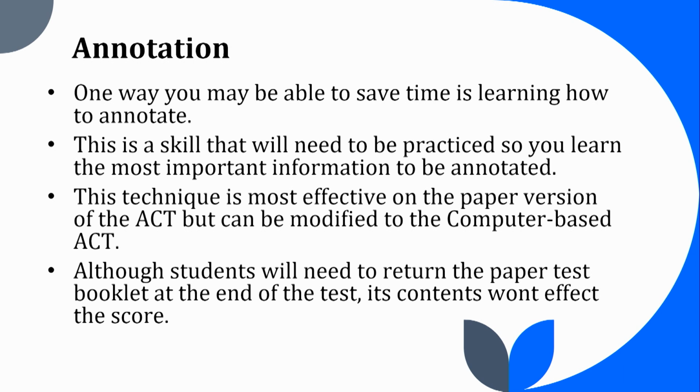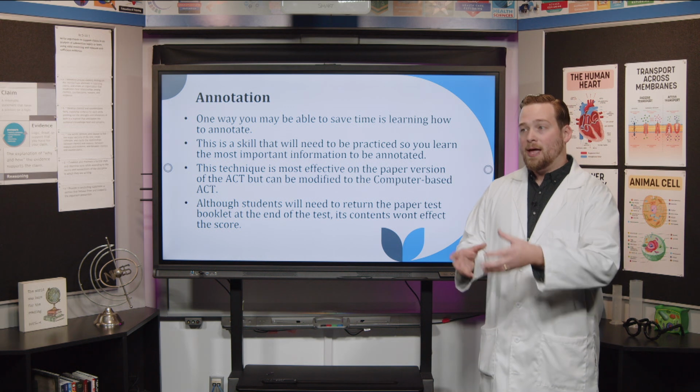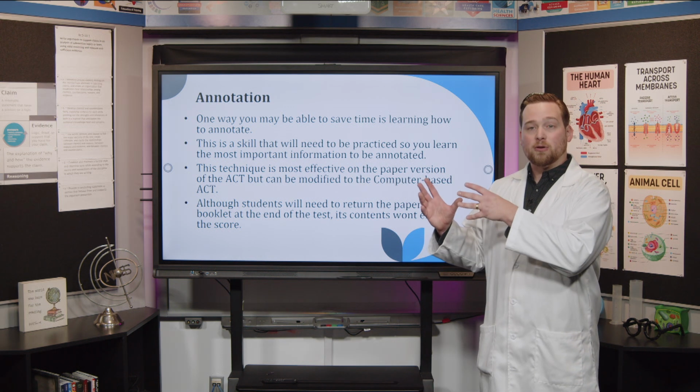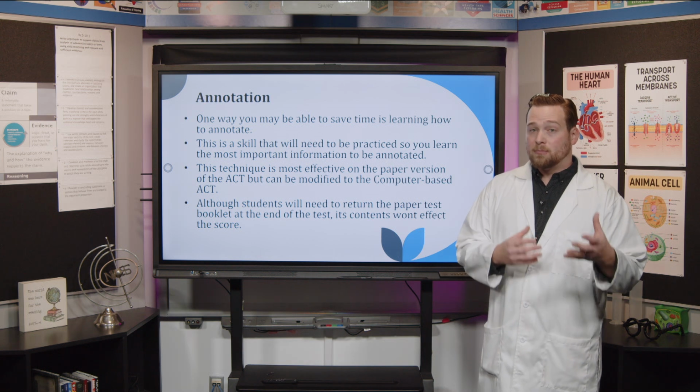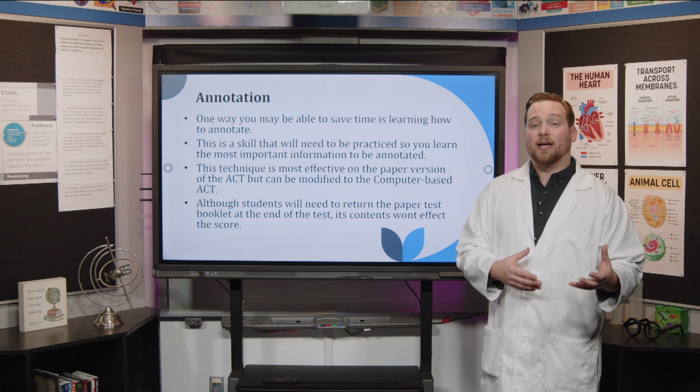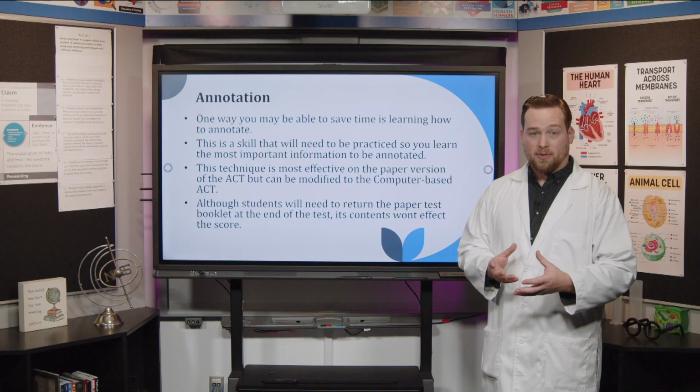This technique is most effective on the paper version of the ACT, but can be modified to the computer-based ACT. So make sure you know what you're walking into on test day. What I'm talking about today is mostly for the paper version, but if you know you're going to be taking the computer version of the ACT, that's fine too. We'll just need to tweak some things.